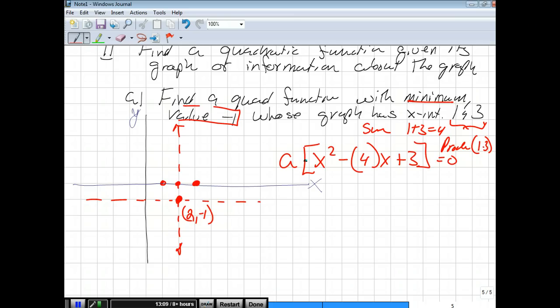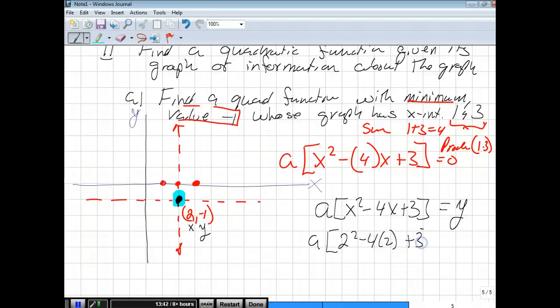So what we do is we know that we have a point that works on the parabola, which is the vertex. And so this is my x value, this is my y value. So what I do is I set this equal to y, and I plug in a value that I know works for x and y. So 2 squared minus 4 times 2 plus 3 has to equal -1.